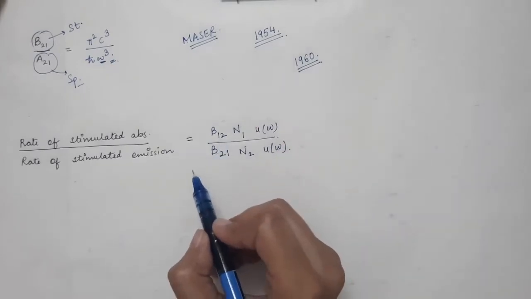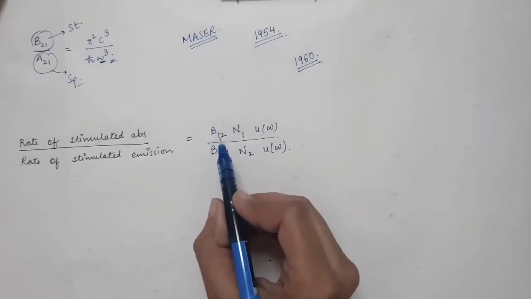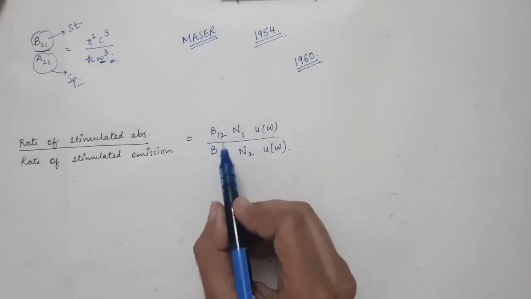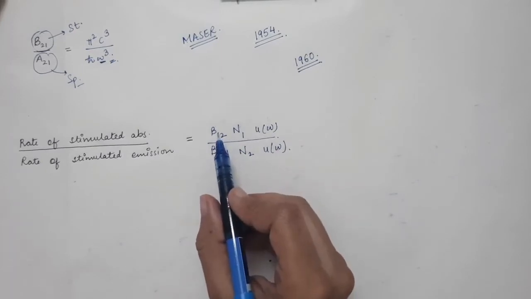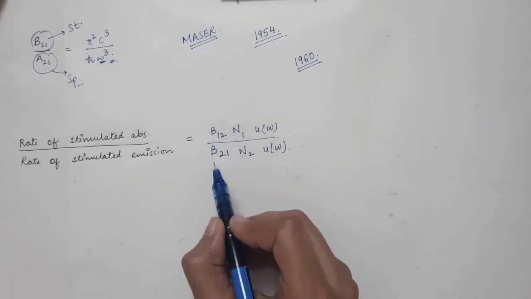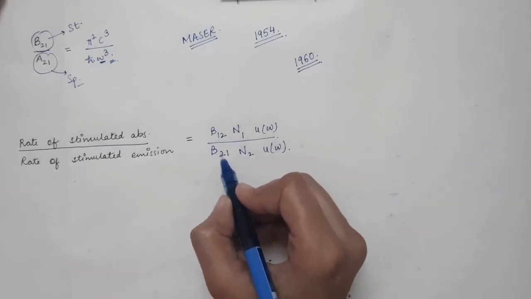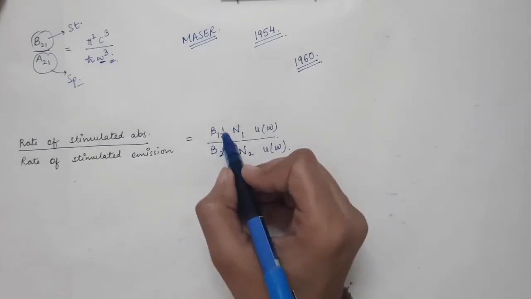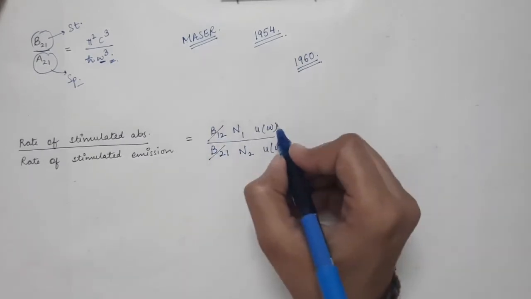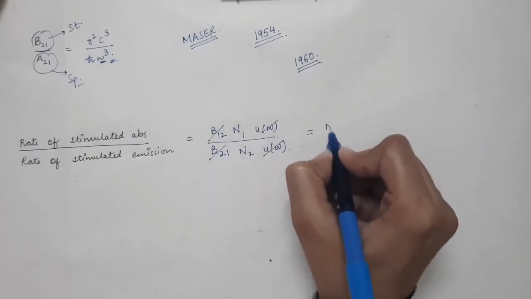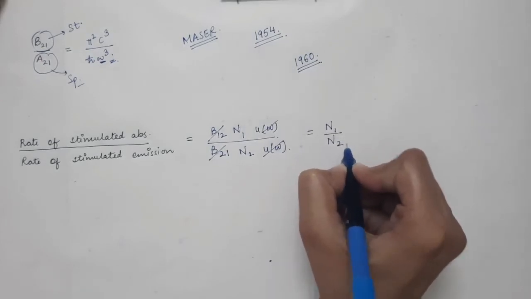At thermal equilibrium we have already seen that B12 is equal to B21, so the probability of stimulated absorption is equal to that of stimulated emission. So they will cancel with each other, and the ratio will be just equal to N1 divided by N2.